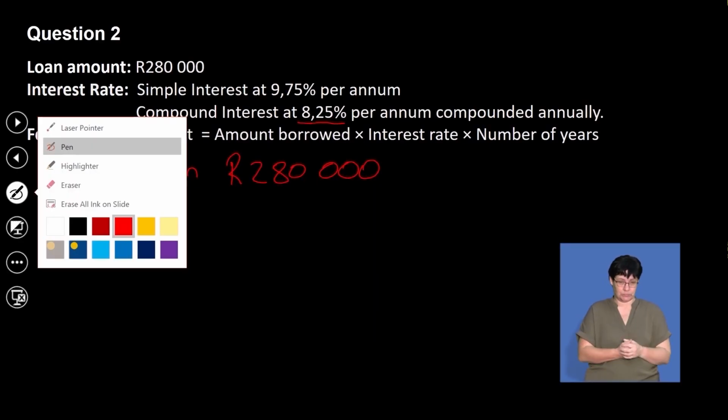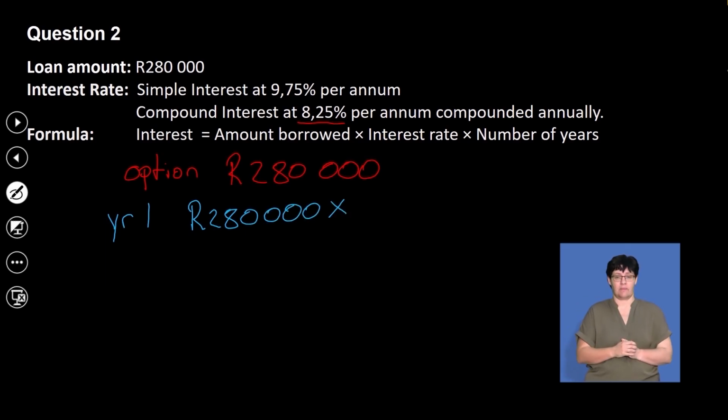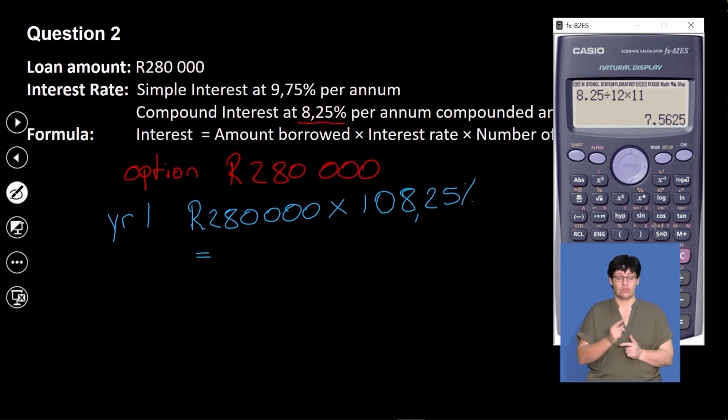So what we have is we're going to do this year by year. So for year 1, we have our 280,000 Rand, and we times that by 108.25%. That's going to give me the total in one step. So on my calculator, I'm going to take my 280,000 and I'm going to times it by 108.25%.